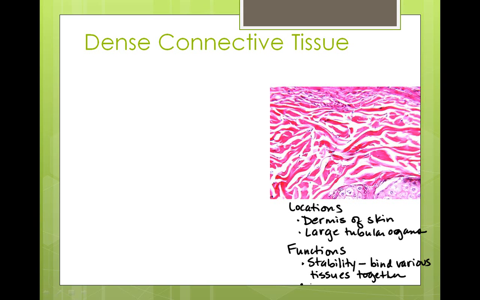But this is also going to offer protection. And I'm just going to draw an arrow over here so that I have more room to write. But it offers protection because it will allow organs to undergo mechanical stress in all directions, but it's so strong that it won't tear. So it offers strength to the organs that it surrounds.